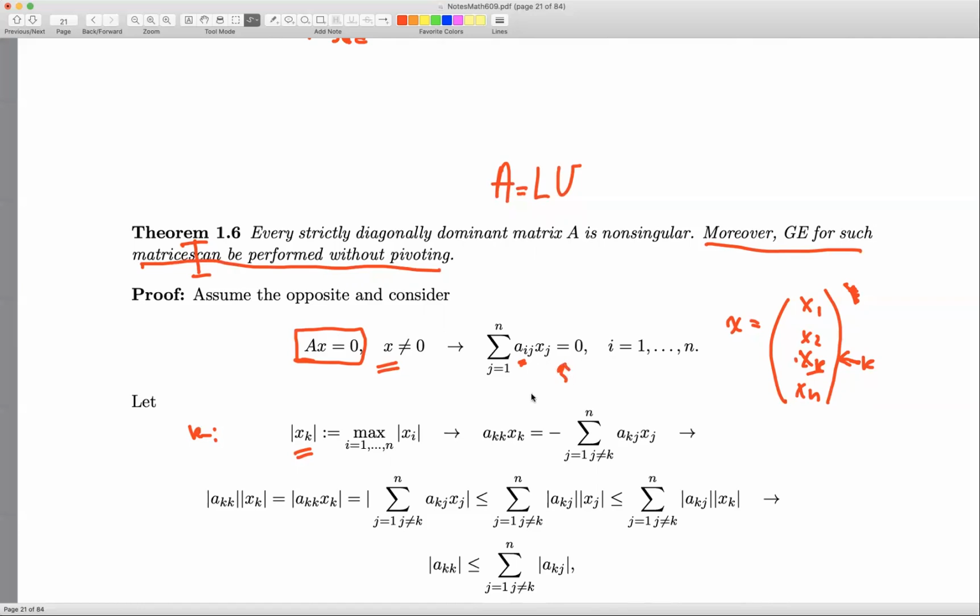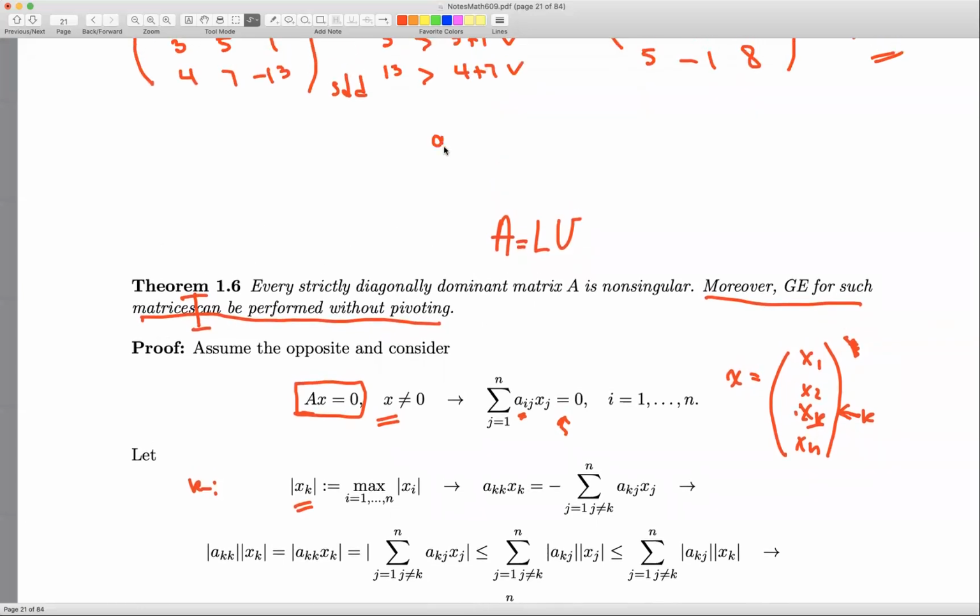Then let's look at the kth equation here. The kth equation will be ak1 x1 plus, and so on, plus akk xk plus, and so on, plus akn xn is equal to 0.